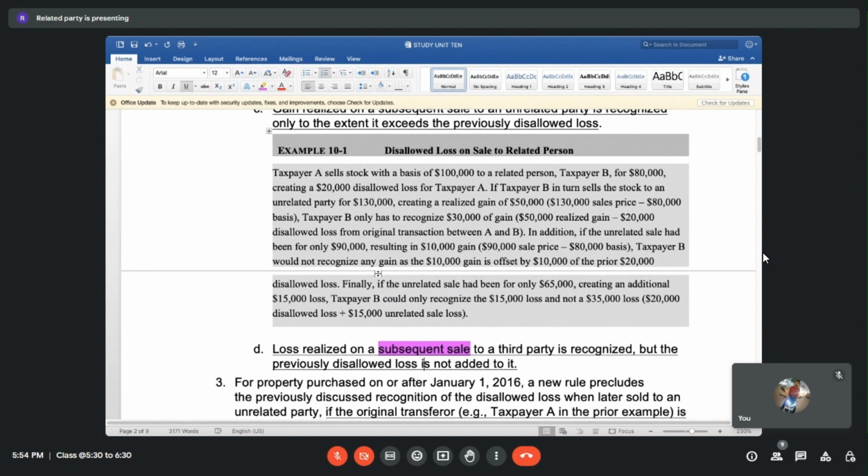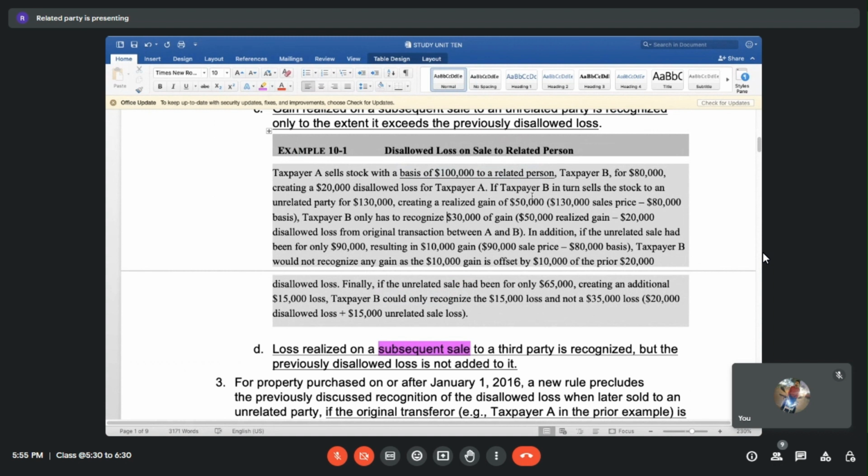Disallowed loss on sale to related person. Taxpayer A sells stock with a basis of 100,000 to a related person, Taxpayer B, for 80,000, creating a 20,000 disallowed loss for Taxpayer A. If Taxpayer B in turn sells the stock to an unrelated party, so let's write down this number.